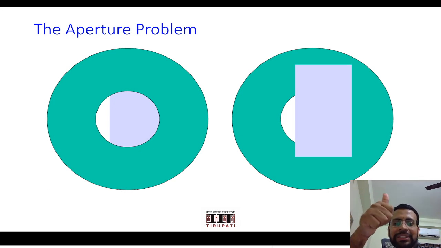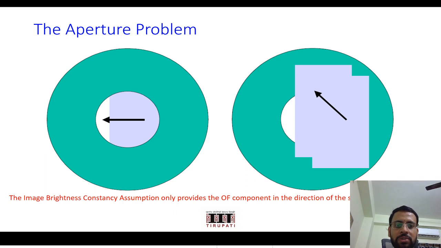All you could see is the movement in the direction perpendicular to the edge. But whatever is there in the parallel direction along the edge, you will not be able to infer. So while it has moved, all you can say is the movement perpendicular to the edge, but you could never infer what exactly the parallel component is.